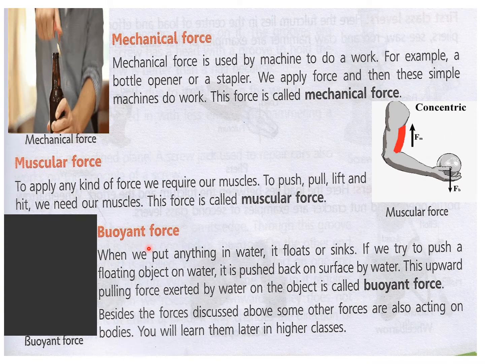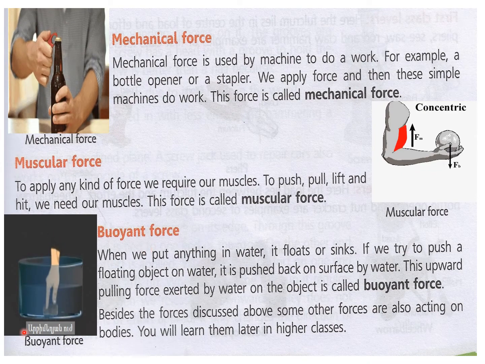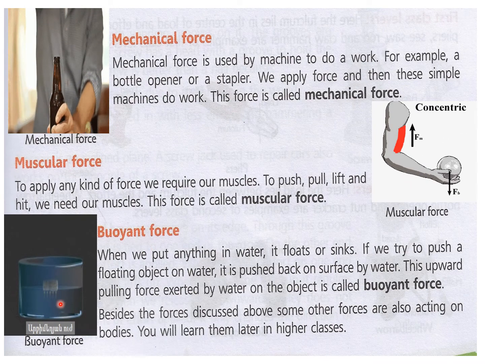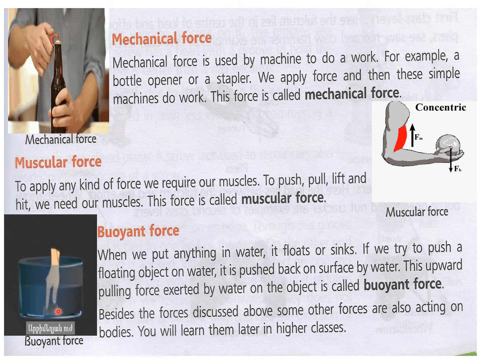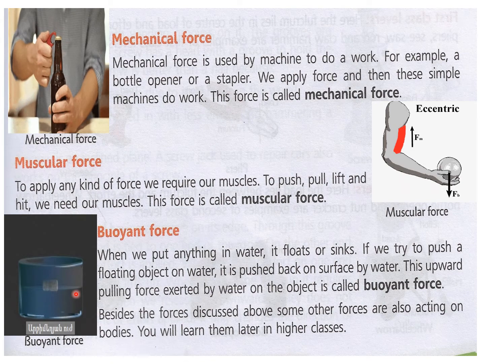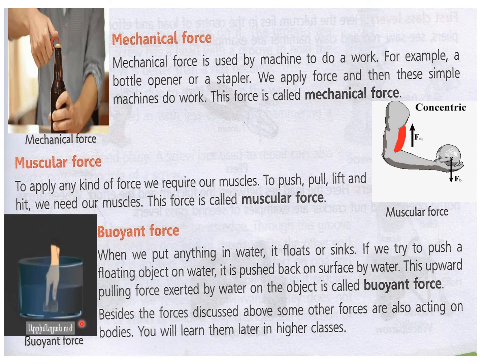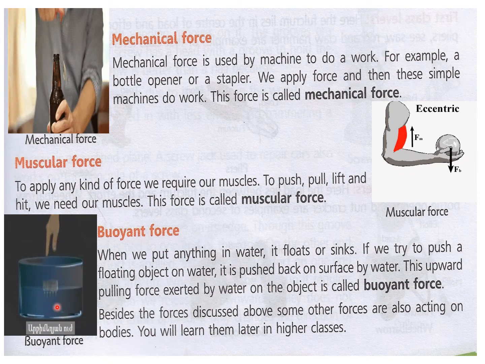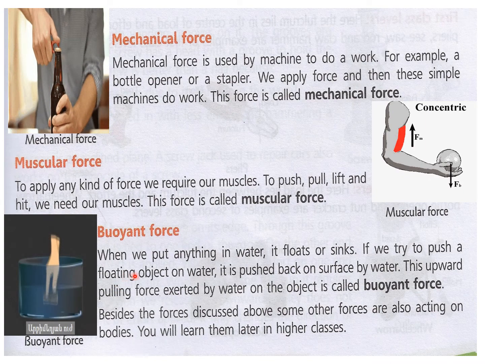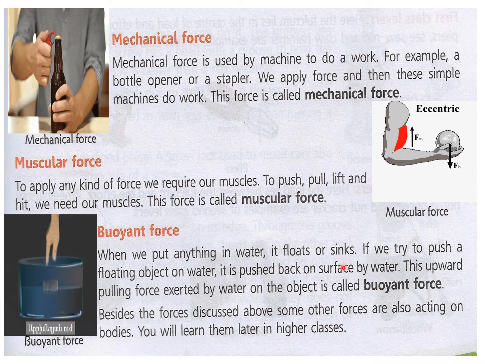Then buoyant force. Buoyant force is the force which water exerts on anything which we try to push into it. You can see when this hand pushes this object, it goes down, but as soon as it leaves, it comes back up because the water is pushing it upwards. This is buoyant force. When we put anything in water, it floats or sinks.